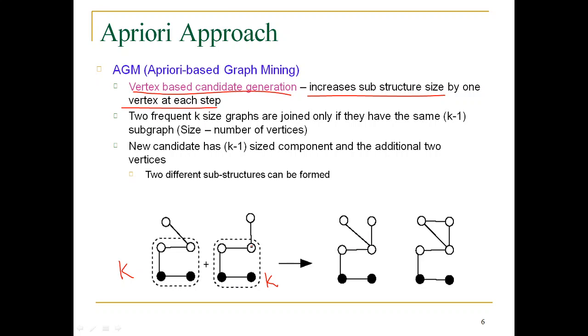Whenever you take these two edges, they are represented in this particular structure. This is common for both graphs, so we put the same over here. But since these two edges can be represented with the additional vertices, this also can be represented in this format. Like this we get the substructures in the AGM methodology.